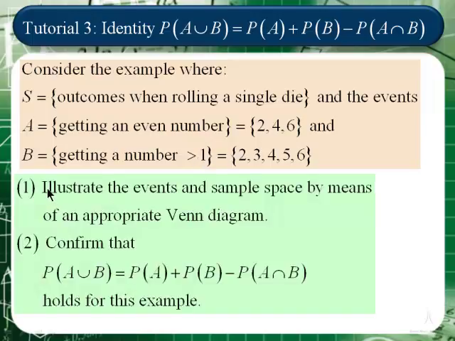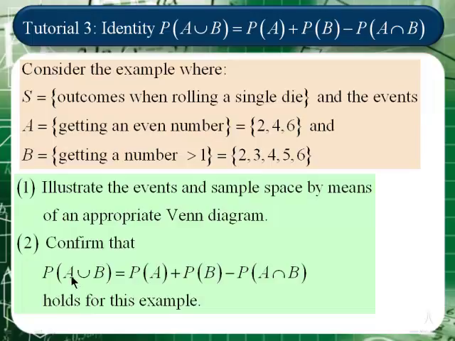So I want you to do two things. Illustrate the events and sample space by means of an appropriate Venn diagram, and then confirm by means of calculating the probabilities of these 4 events. Just note that the union of two events is again an event, and the intersection of two events is again an event, so we have 4 events.